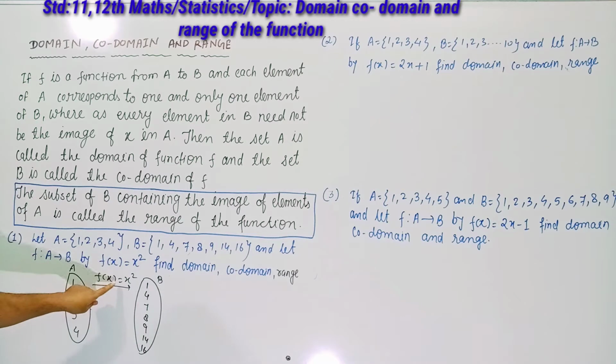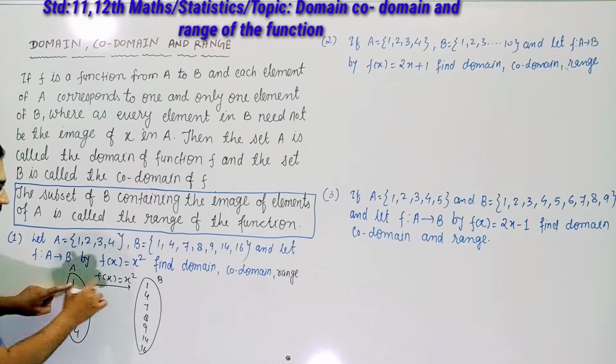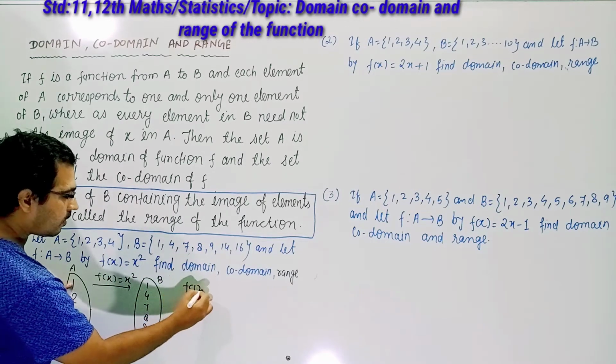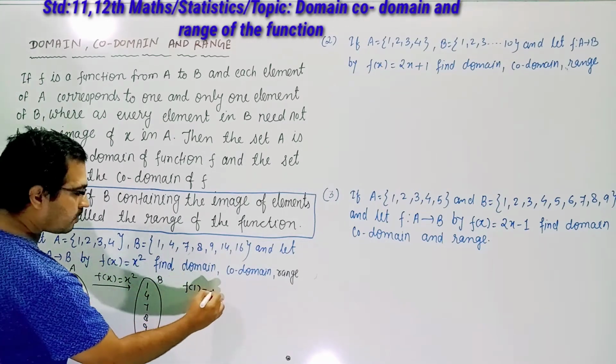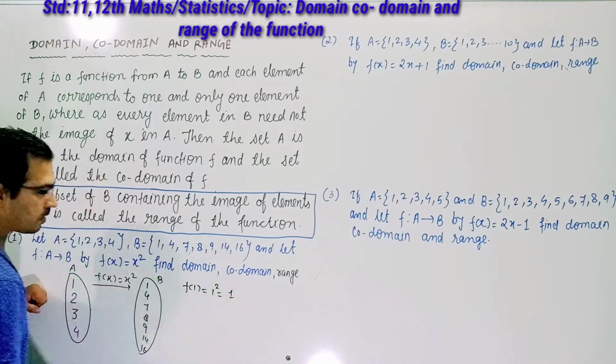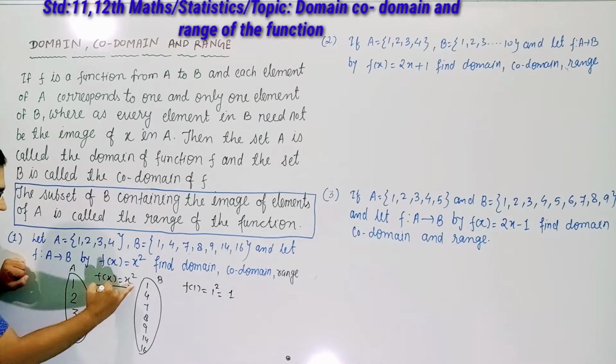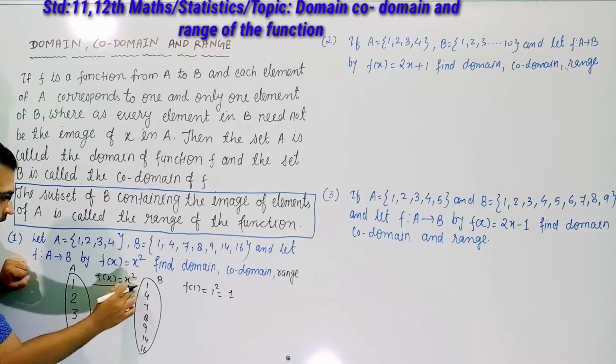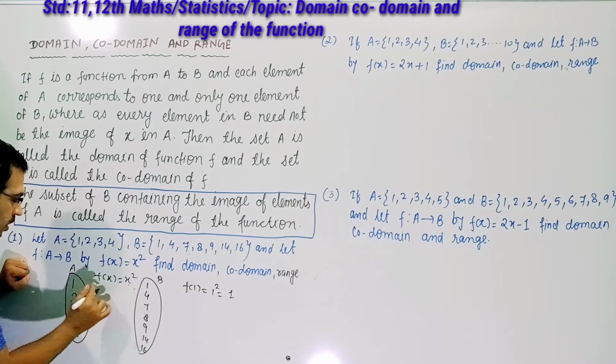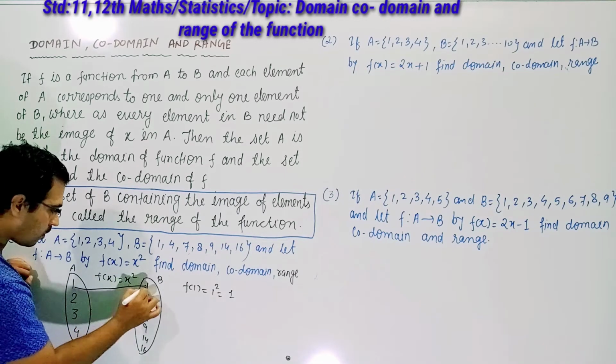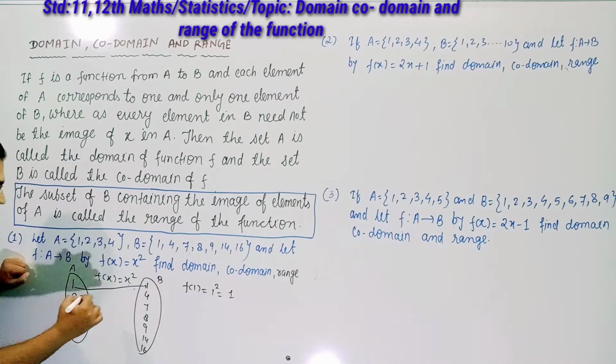What does it mean? f of x is equal to x square. If you take 1, f of 1 is 1 square, which is 1, so 1 corresponds to 1.